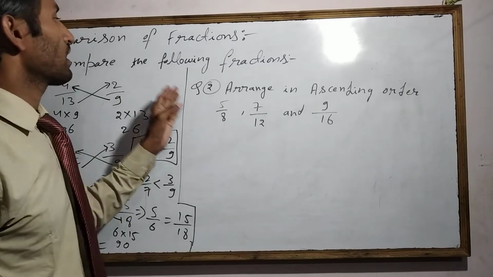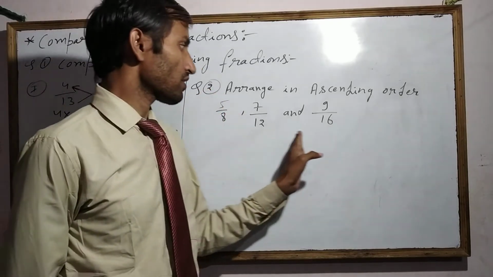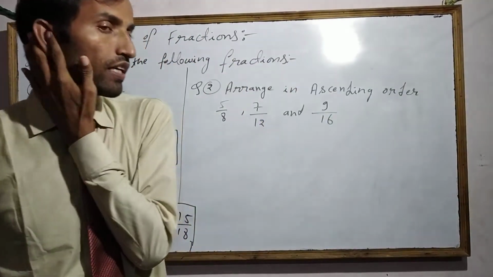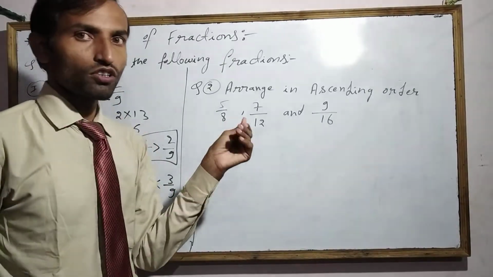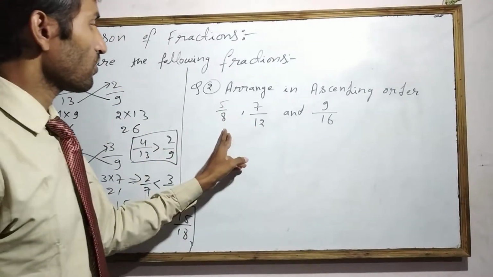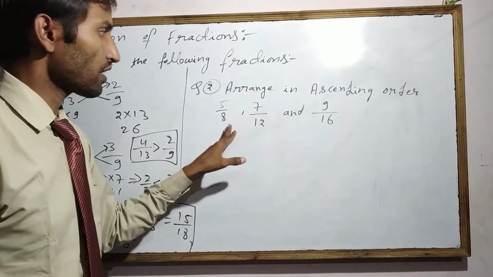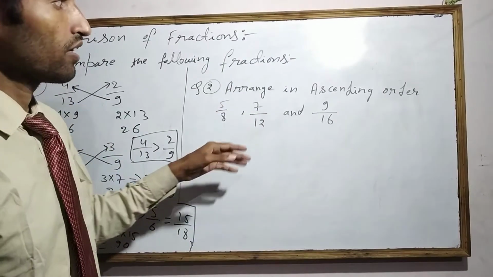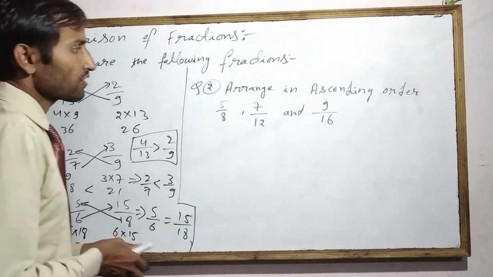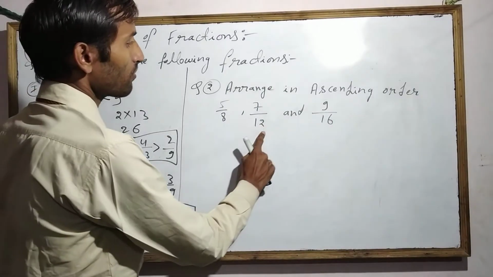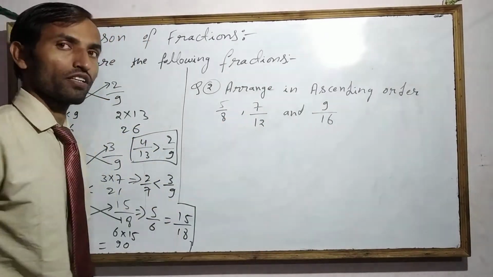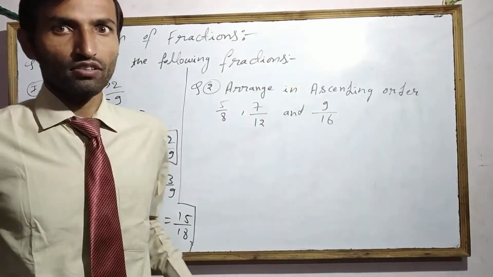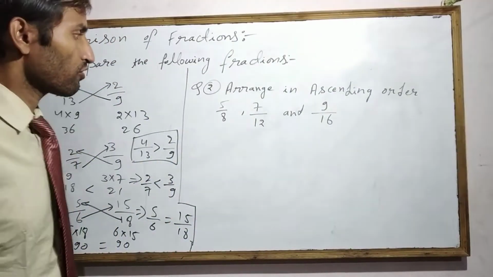After that, we have to compare three fractions, that is, arrange in ascending or maybe descending order. Ascending order means smallest to greatest, so first of all we have to find which of these three fractions is smallest, and then we go next. In this question we have to find the LCM of the denominators, that is, first of all make them like fractions, where the denominator is the same for all the fractions.